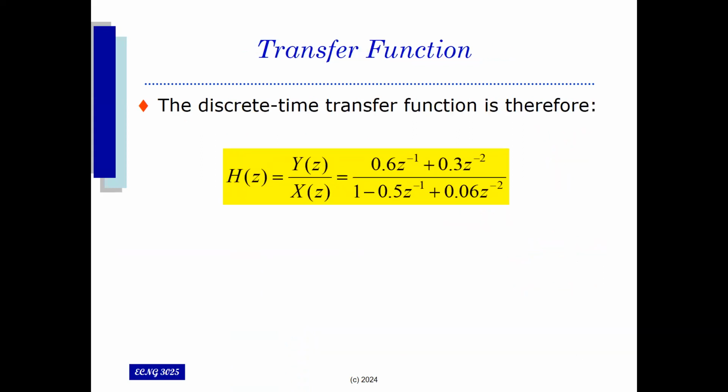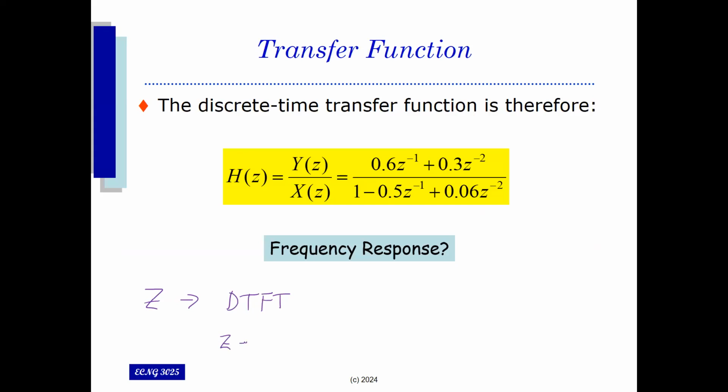All right? So just sort of quickly to conclude, we're almost there. For the frequency response, remember what we said is that to go from the Z domain to the DTFT, we make the substitution z equal to e^(jω).